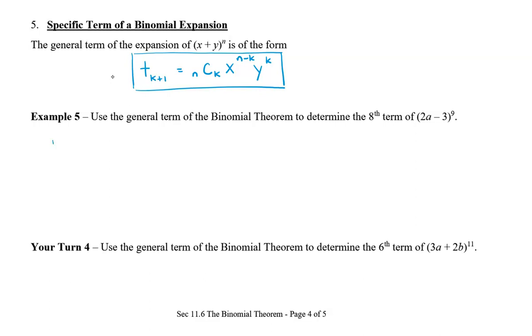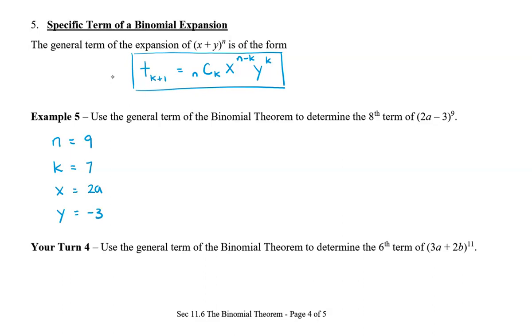We need to know what n, k, x, and y are. n is our exponent, so that is 9. Because we're looking for the 8th term, k is 7. Remember, it's 1 less. x is 2a, and our y value is negative 3.